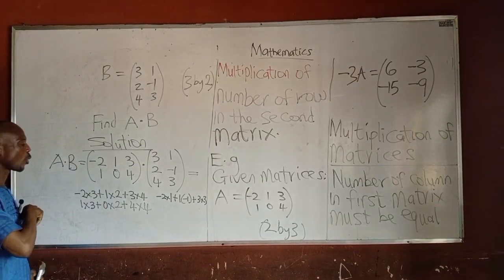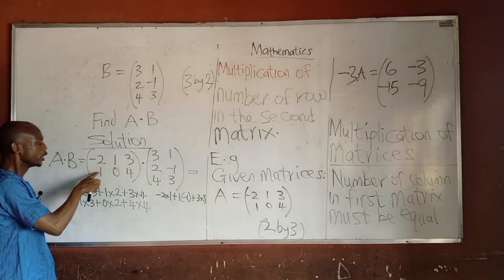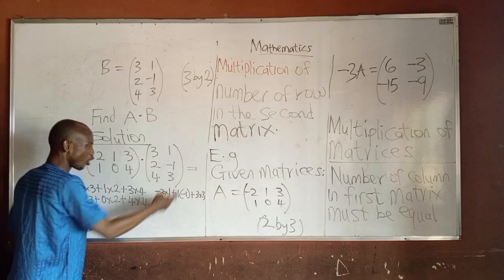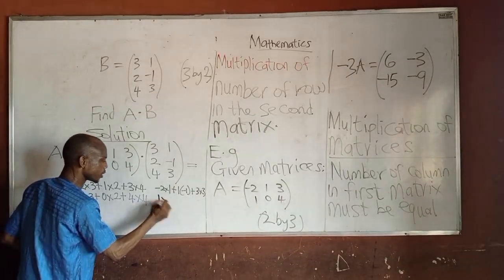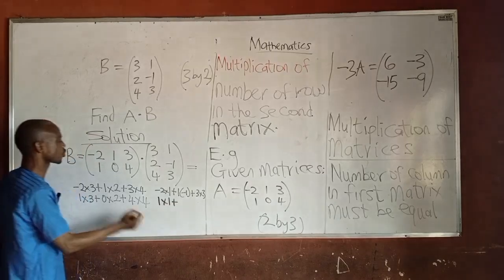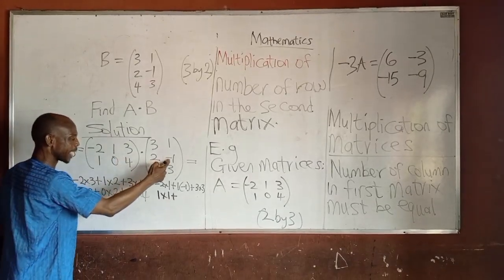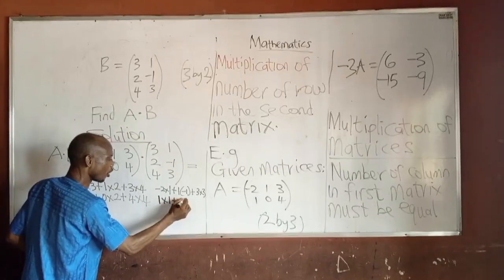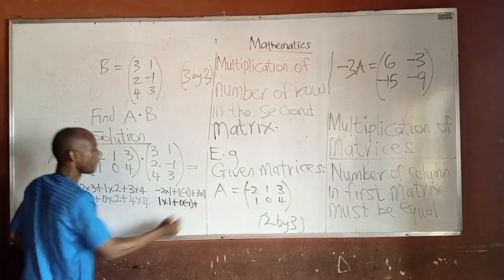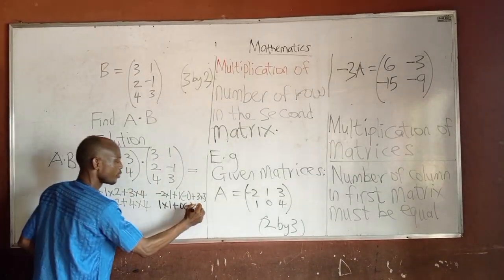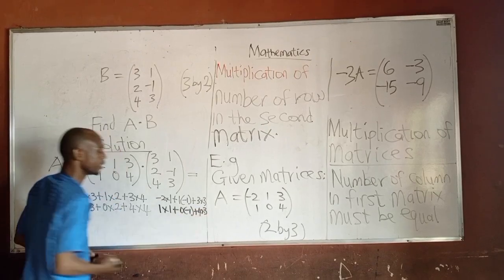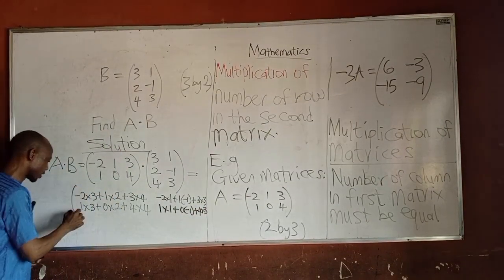Then we go to the next one. We use this row to multiply this column. 1 times 1 plus 0 times minus 1 plus 4 times 3.